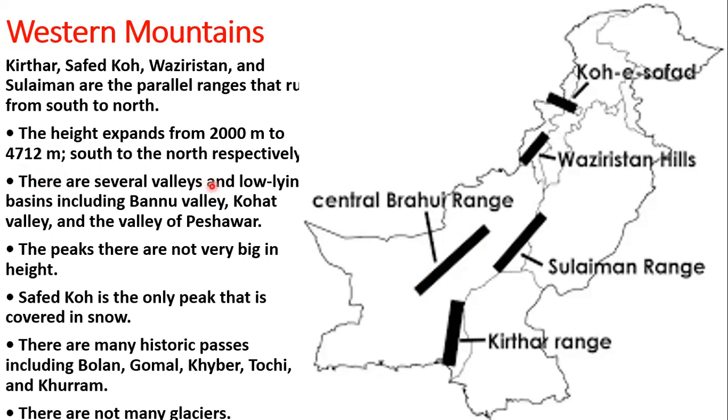Now the valleys. There are several valleys and low-lying basins, including Bannu Valley, Kohat Valley, and the Valley of the Peshawar. Fine. In the middle of these mountain regions, on the foot of these mountains are fertile lands of areas of Bannu, Kohat, and Peshawar.